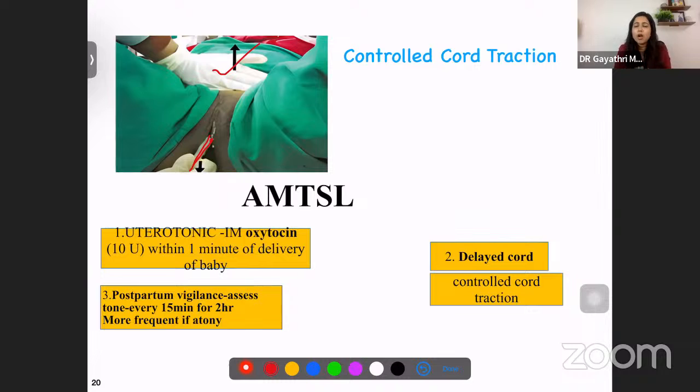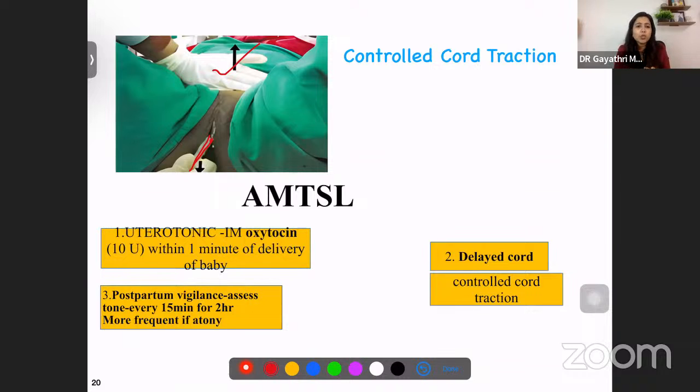Except these, the dictum is delayed cord clamping. Very, very important. Often they ask, all the following are steps of active management of third stage of labor, except. And this image-based question has also come previously in the FMGE exams. The third and the final step is to assess the uterine tone. In the postpartum period, we have to be vigilant about the tone of the uterus.